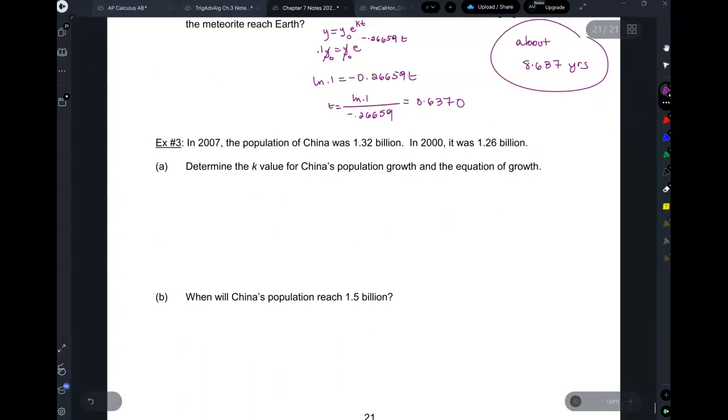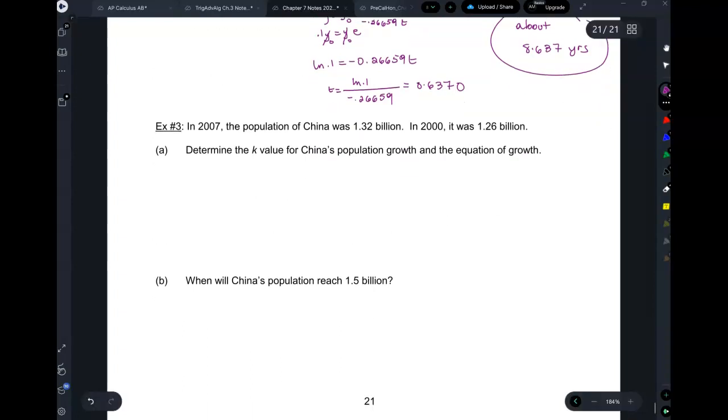Okay, so in 2007, the population of China was 1.32 billion. In 2000, it was 1.26 billion, right? So now it's growing. Determine the value of K for China's population and the equation of growth. So again, the final amount is 1.32.